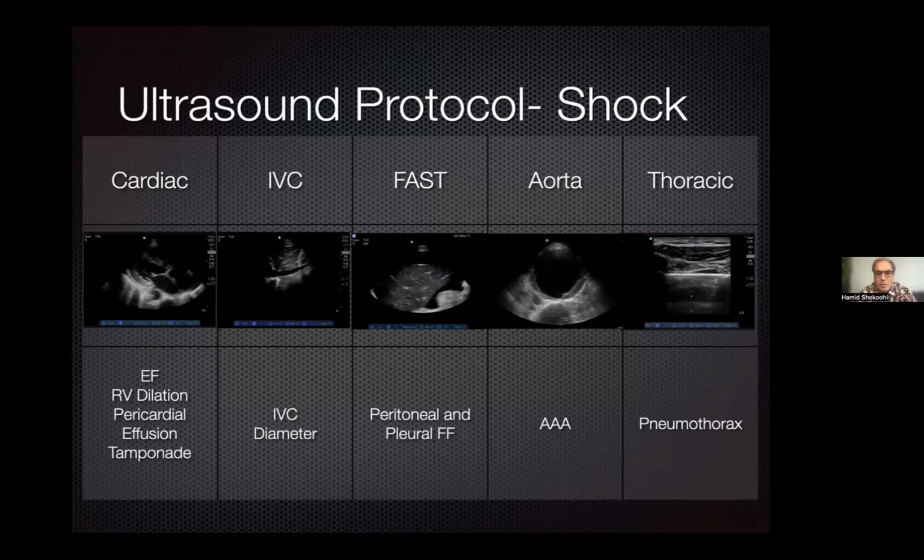You need to know the status of the fluid reserve, not the fluid in circulation. This is very important to know. What matters is the pressure and the dynamics of the intravascular volume, but as a surrogate, we look at the IVC. The IVC is your storage, okay?